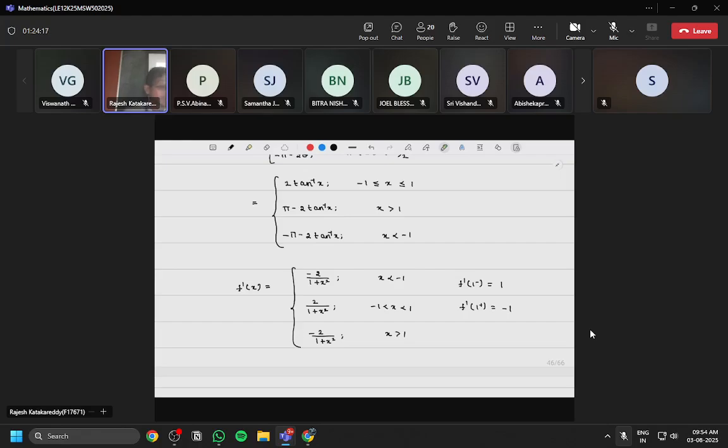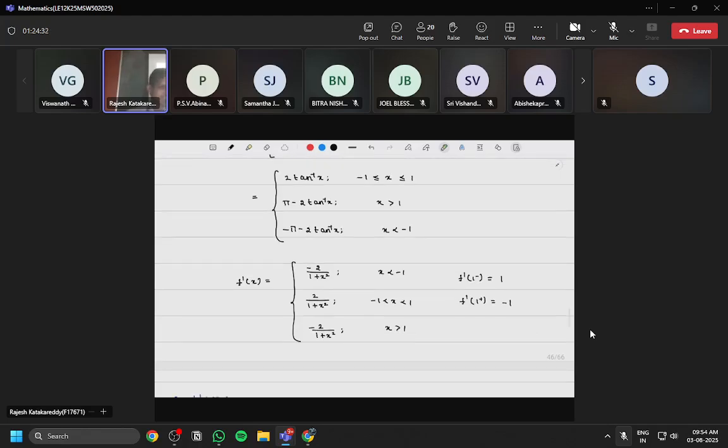Passing through pi comma 0. Then -1 slope, you find it yourself. Passing through point pi comma 0. Slope is -1. y minus 0 is equal to -1 into x minus 2 pi. 2 pi it is, sorry. x minus 2 pi. Clear?